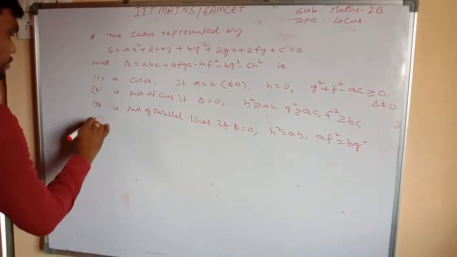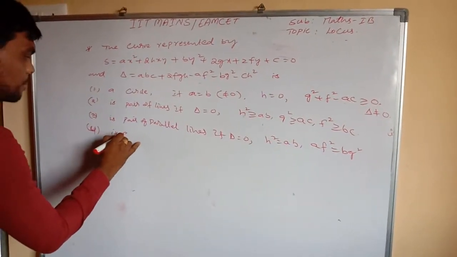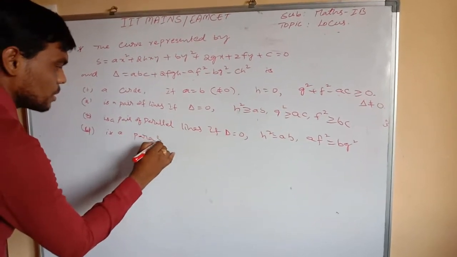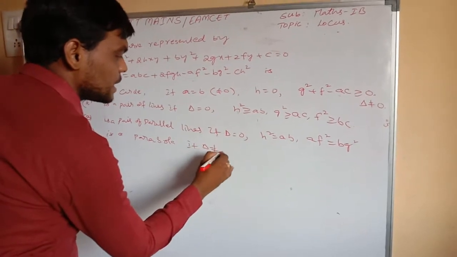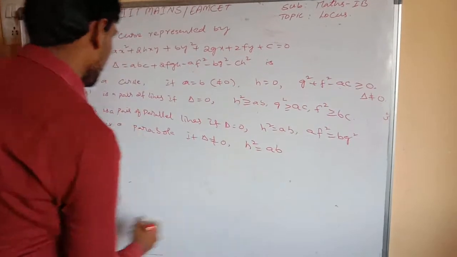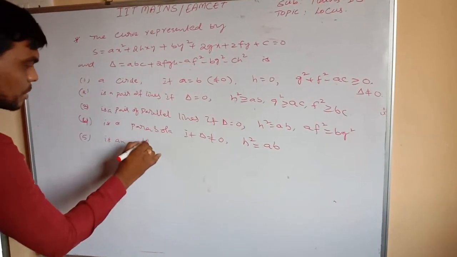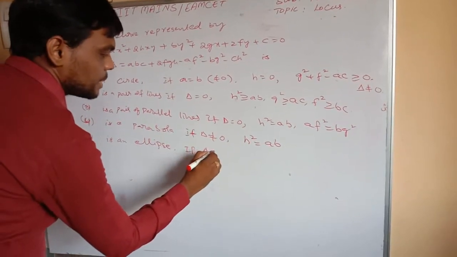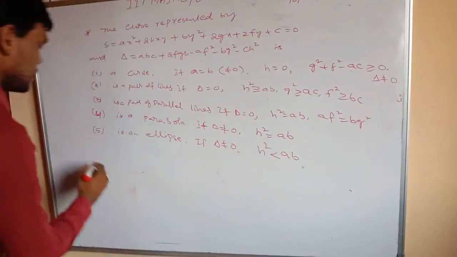The fourth one is a parabola, if delta is not equal to 0, h square is equal to ab. The fifth is an ellipse, if delta is not equal to 0, h square is less than ab.